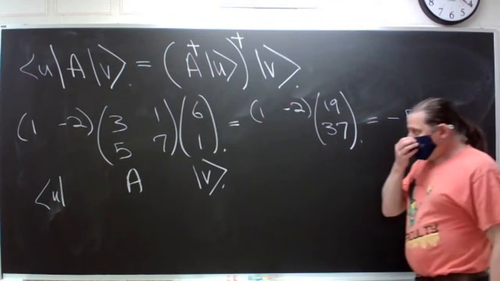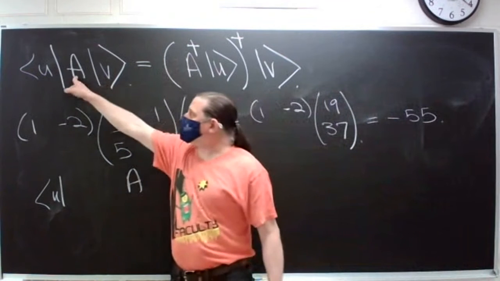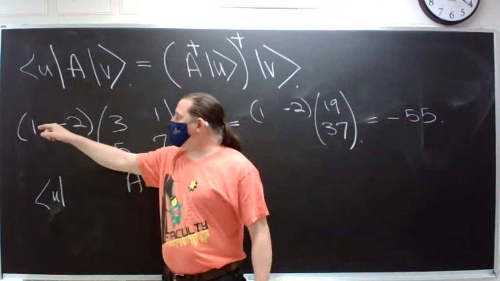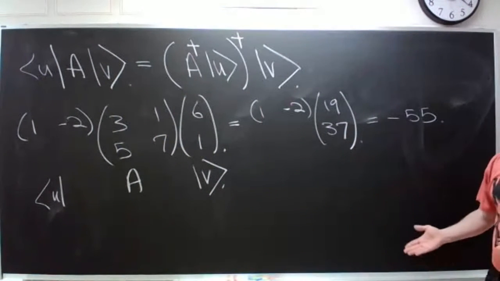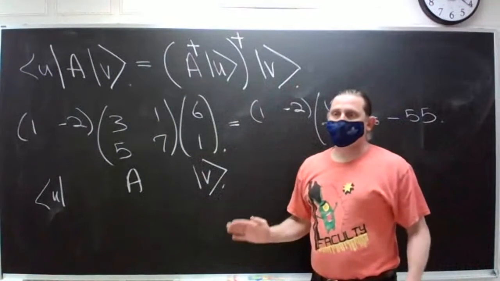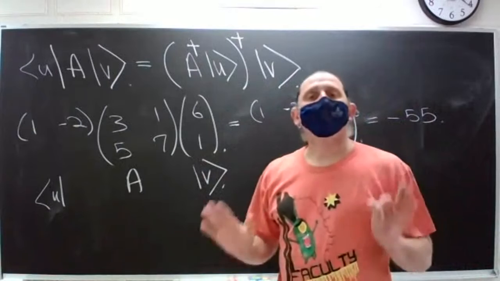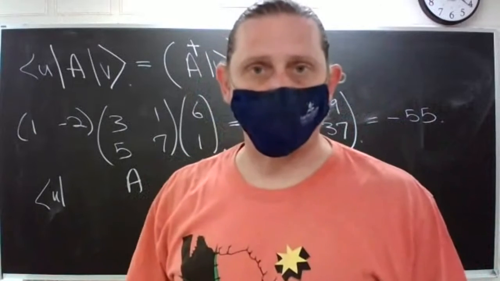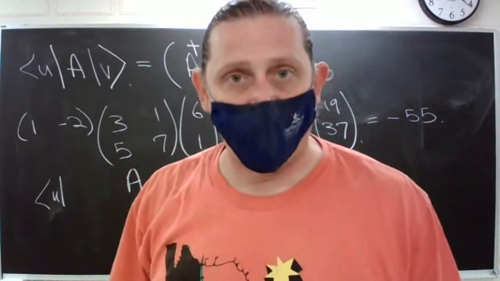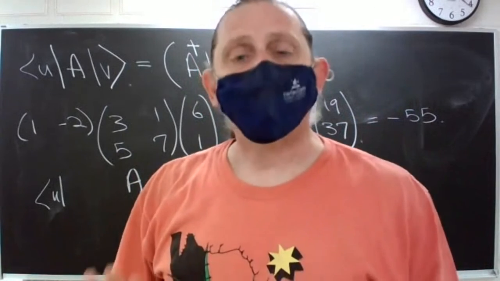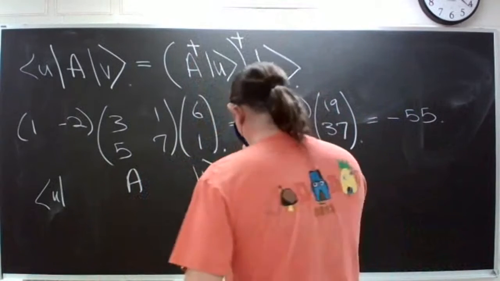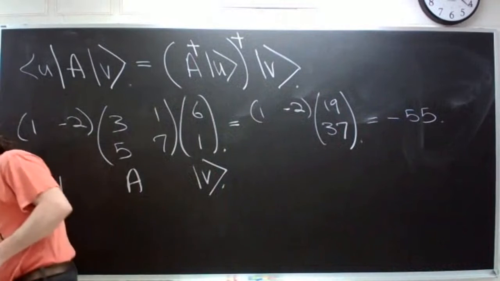Now, I said that A dagger is the operator that produces the same result here, but when acting backwards. I can see that from two different perspectives here. We already know that our adjoint was the transpose. So let's just use the transpose and see what would happen.